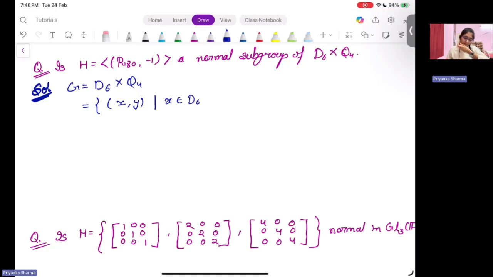That is, the first element of this tuple will be some symmetry, either a reflection or a rotation. And the second one will be some quaternion number, that is plus minus 1, plus minus i, plus minus j, or plus minus k.